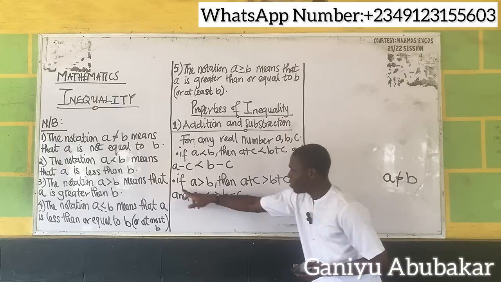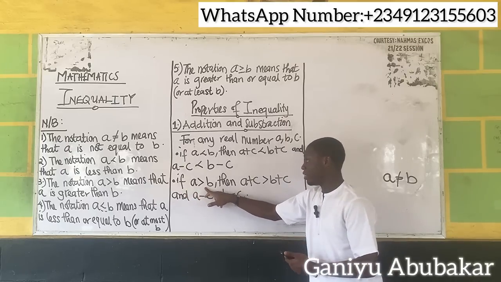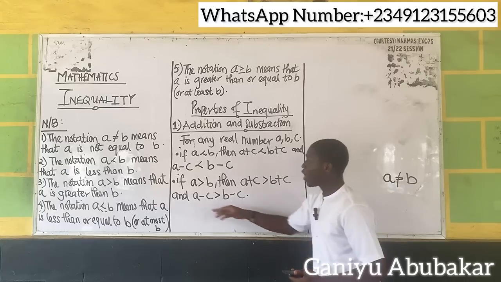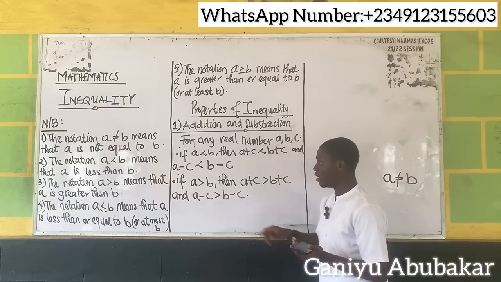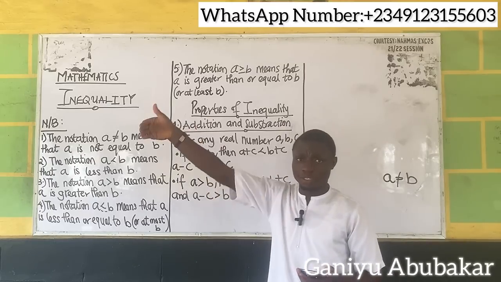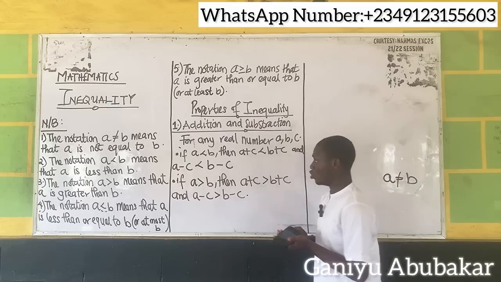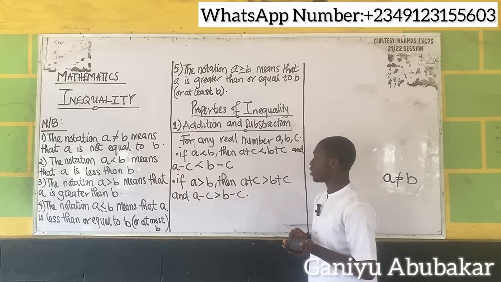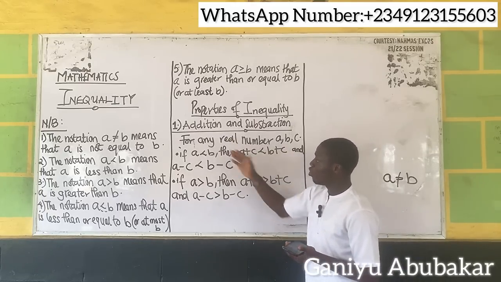Also note that if a is greater than b, then a plus c is greater than b plus c, and a minus c is greater than b minus c. You understand this concept when you start solving problems. But for now, know that the first property of inequality is called the addition and subtraction properties, which I have on the board.